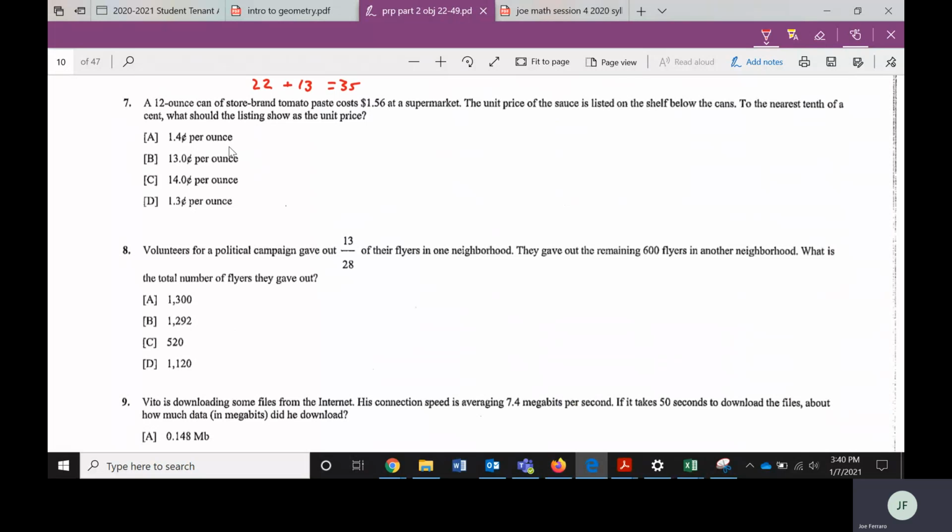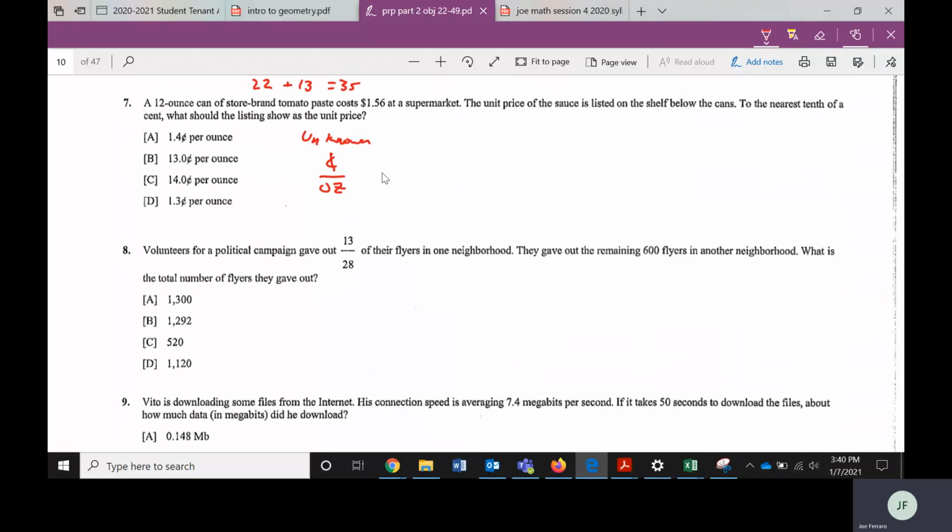So here, they even take it down a step and they say cents per ounce, not even dollars per ounce. So for the unknown, they're saying to the nearest tenth of a cent, what should the listing show as a unit price? So the unknown, if you look at the answers, it's cents per ounce.